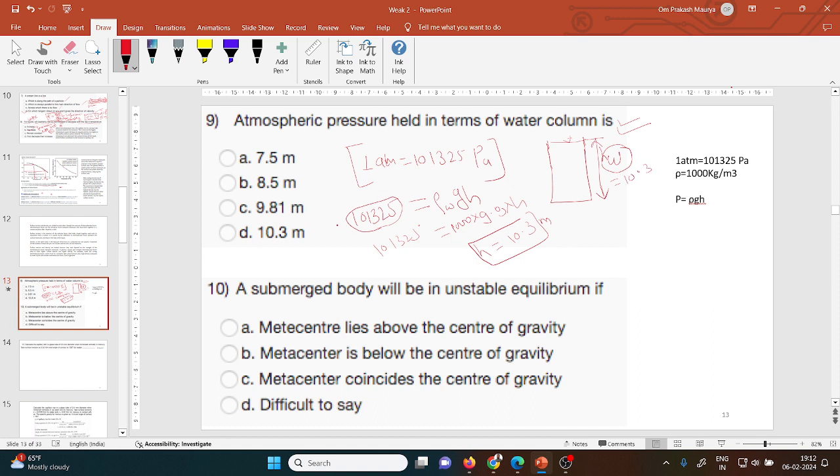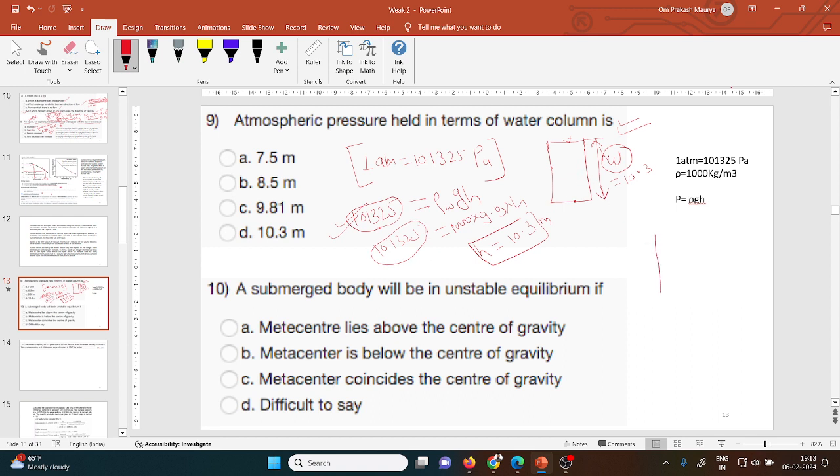If you want to see that much pressure, what do you do? In a 10.3 meter water column, you need to put the water, and if you calculate the pressure here, it will be equal to this much.